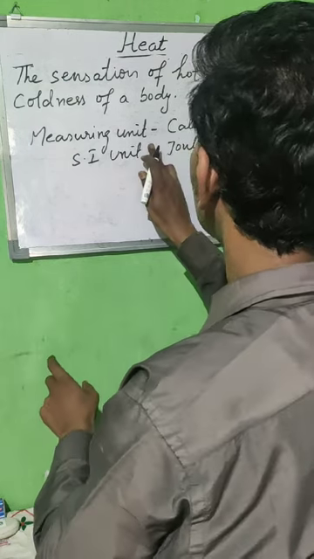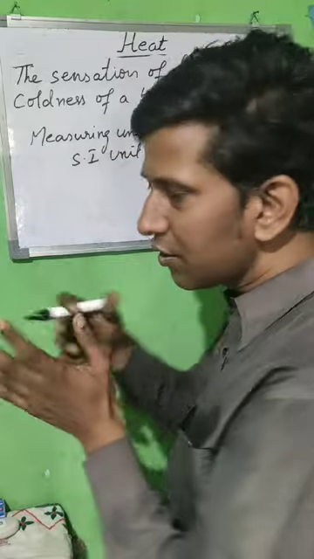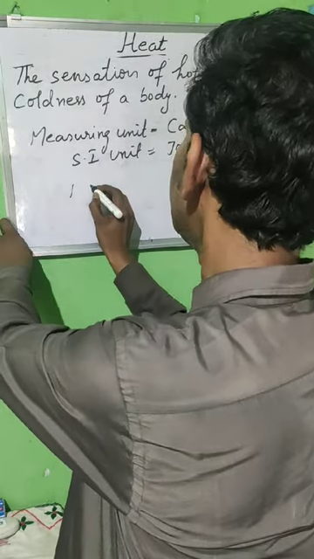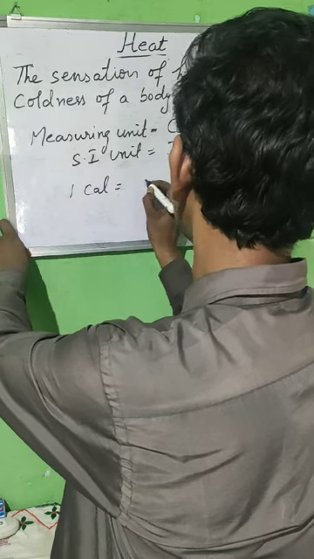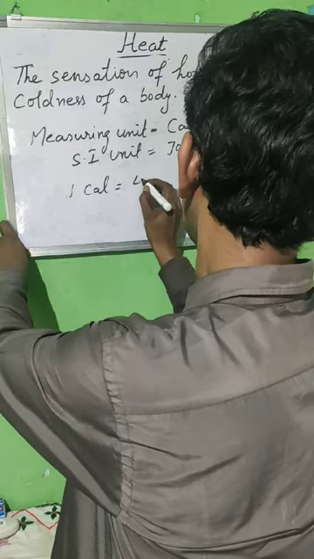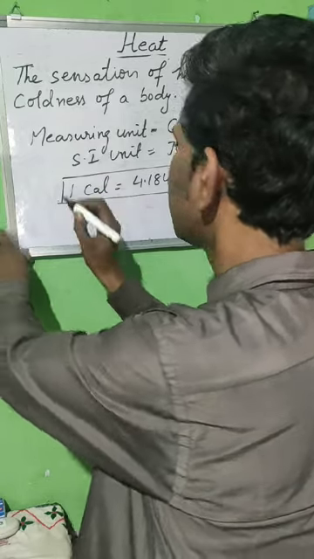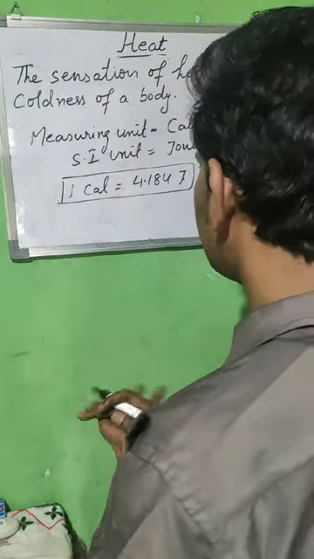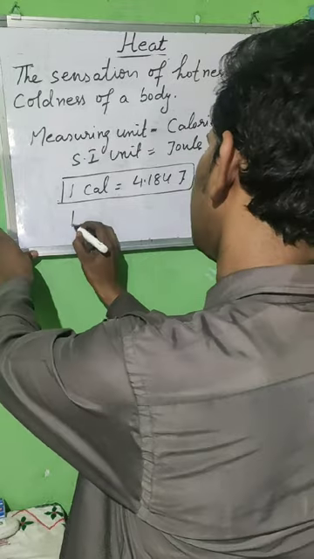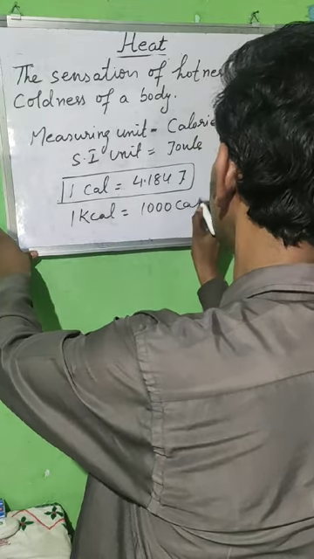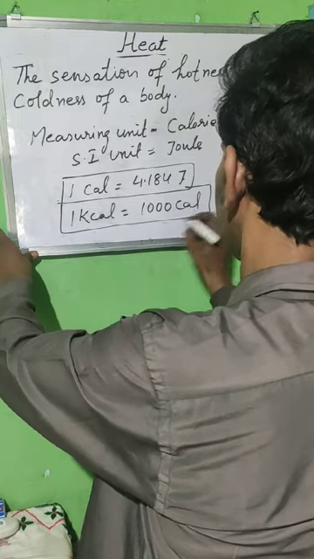So we have to know the relationship between calorie and joule. Actually 1 calorie is equal to 4.184 joule. So this relation is very important. When we do some conversion, that will be helpful. 1 kilocalorie is equal to 1000 calories. Clear?